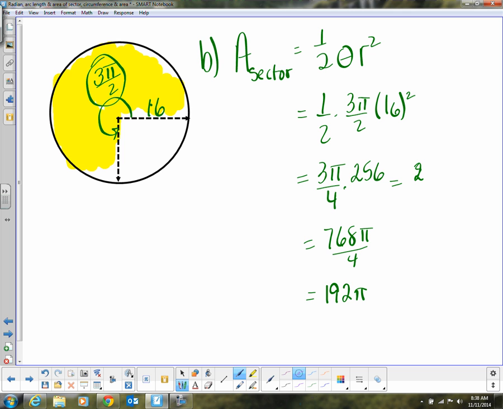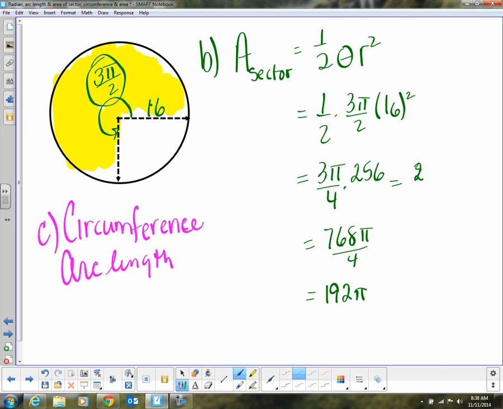All right, but now I want you to do the circumference. That is basically arc length of the whole circle. Circumference is arc length of the whole circle. Hold on. What formula do you use? Length, L equals theta times r.